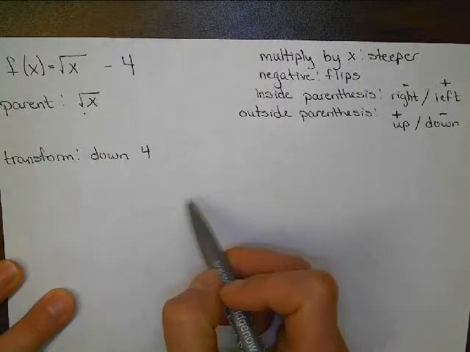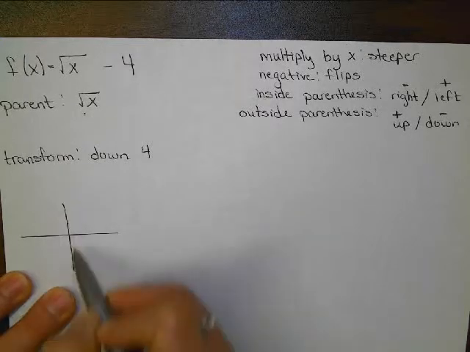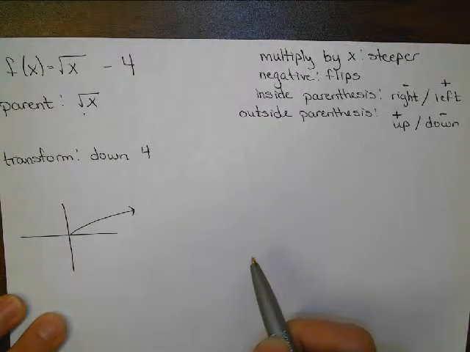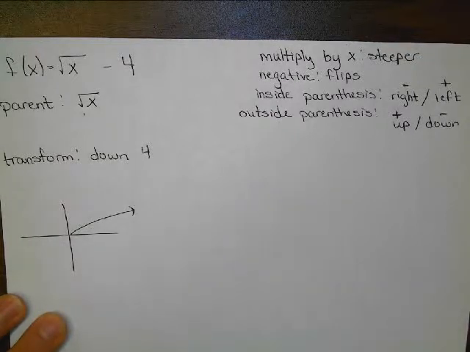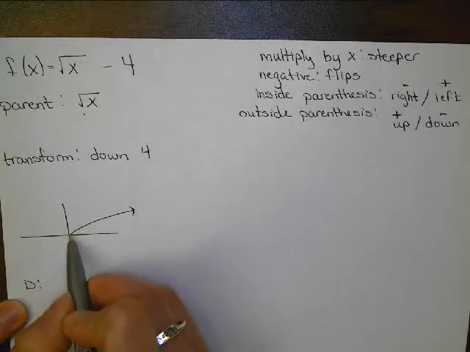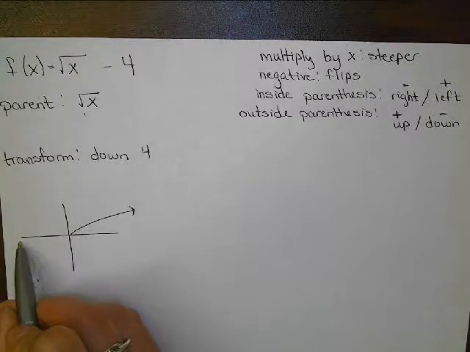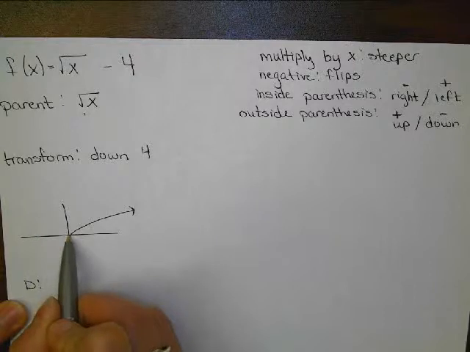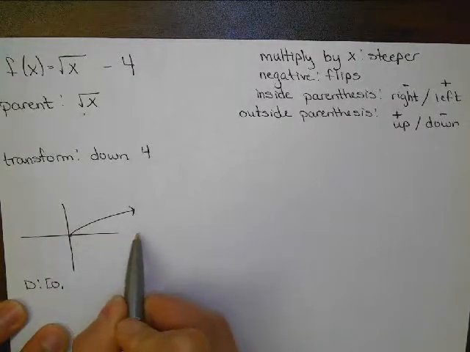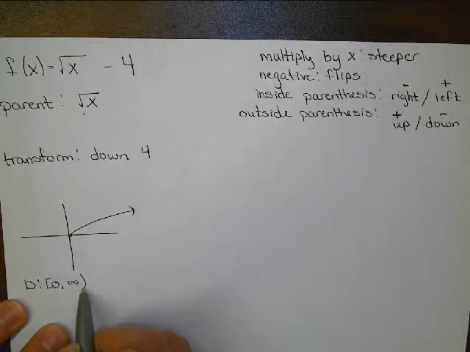If I know what my parent function looks like, which you should all know from your notes, looks something like this, the radical function, then I know that my domain, looking from the left, starts here at 0, and then I'm going to go forever to the right, so that would be infinity.